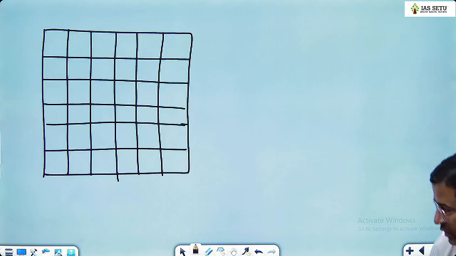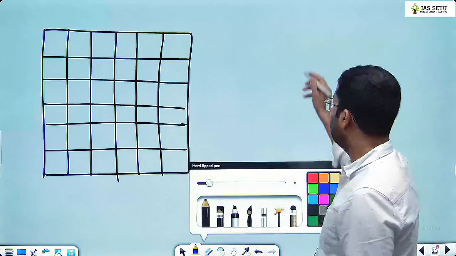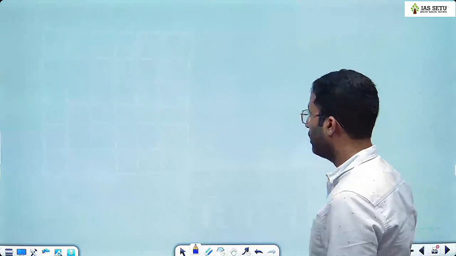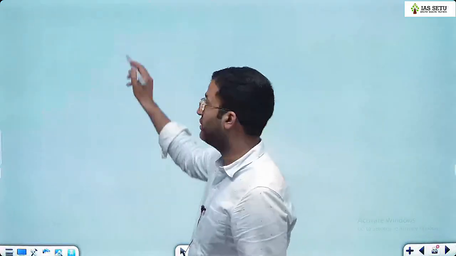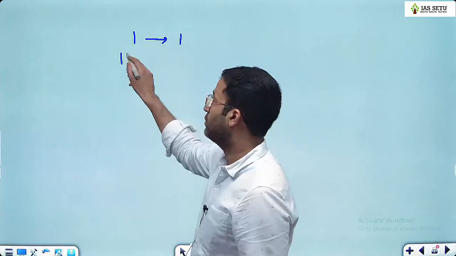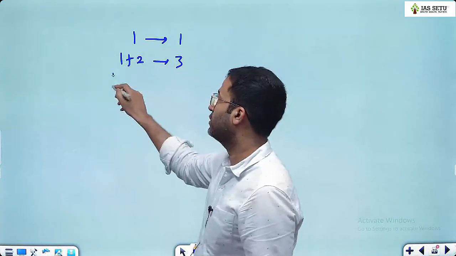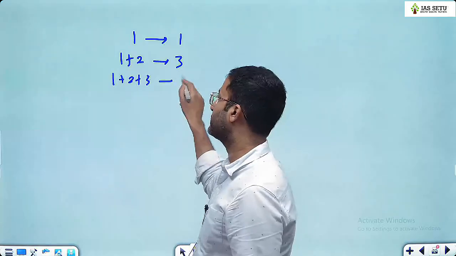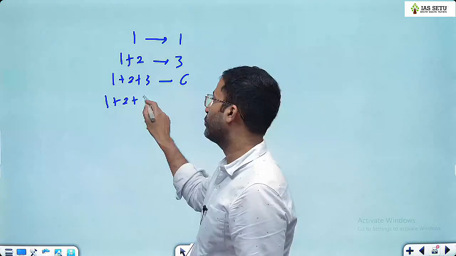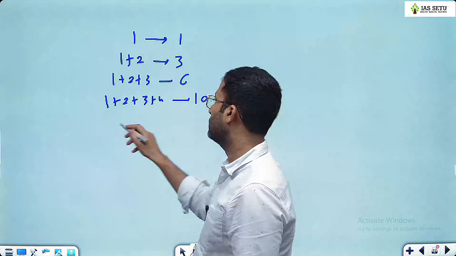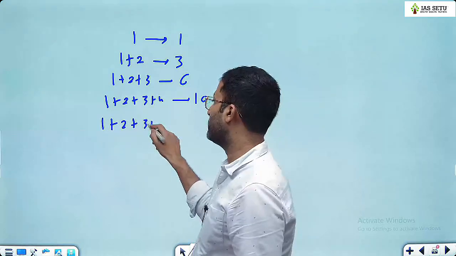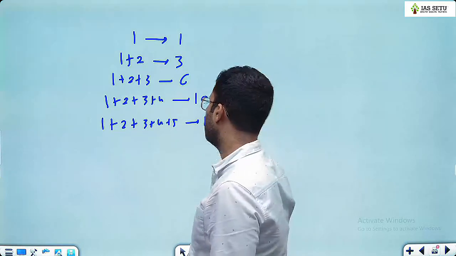Achha, I give you a homework. You have to remember this table. 1, 1 plus 2, 3. 1 plus 2 plus 3 is 6. 1 plus 2 plus 3 plus 4 is 10. 1 plus 2 plus 3 plus 4 plus 5 is 15.